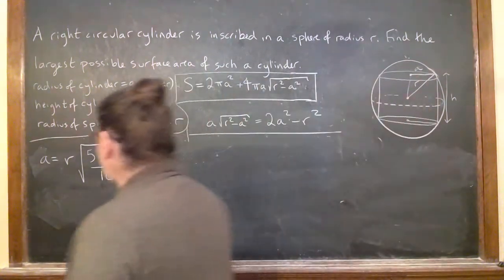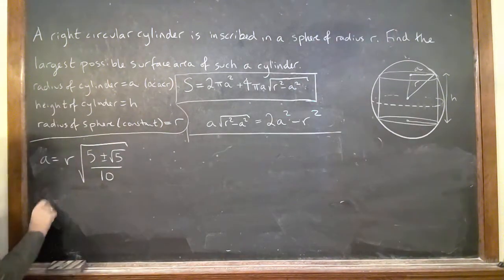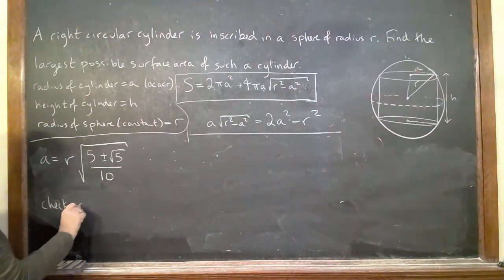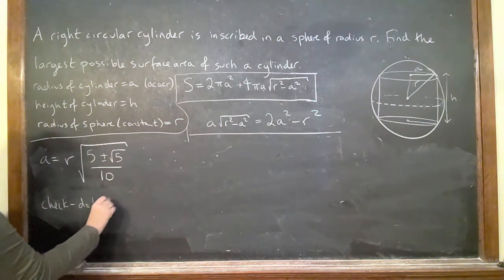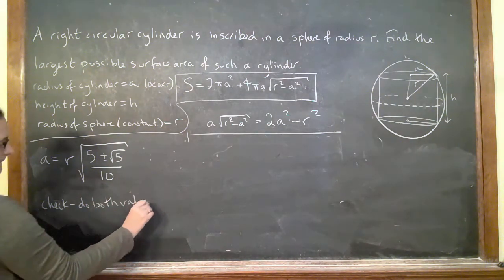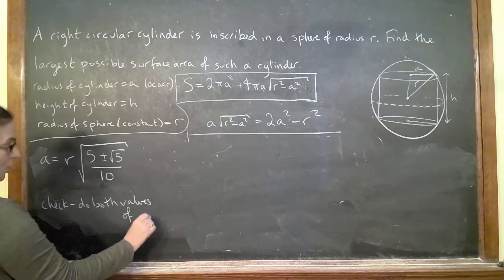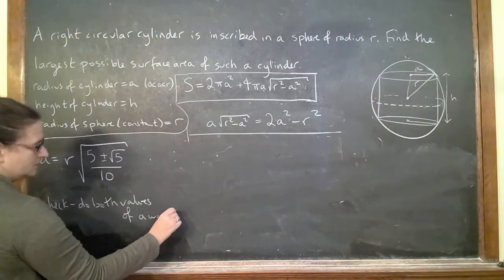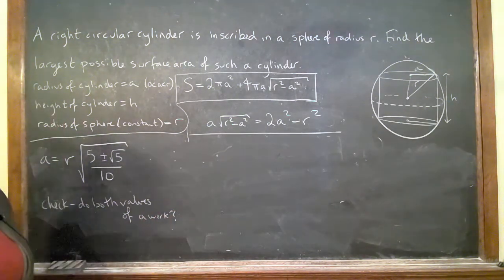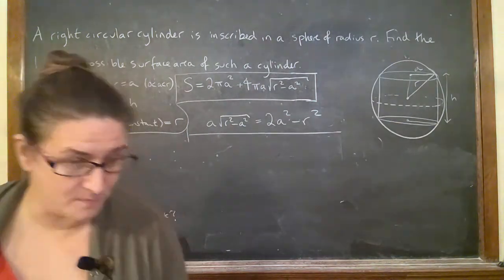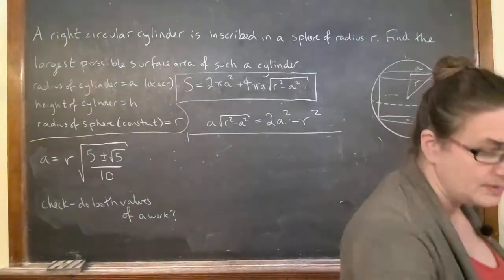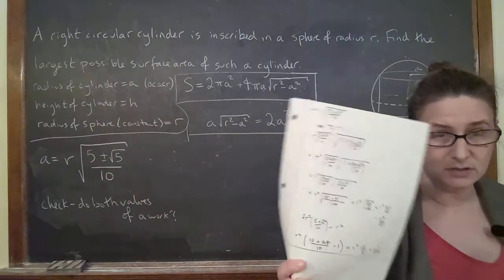So now we want to double check. Do both values of A work? And you know what? I'll let you do that on your own because I did do it, see? But it takes a little bit, all these square roots and stuff.